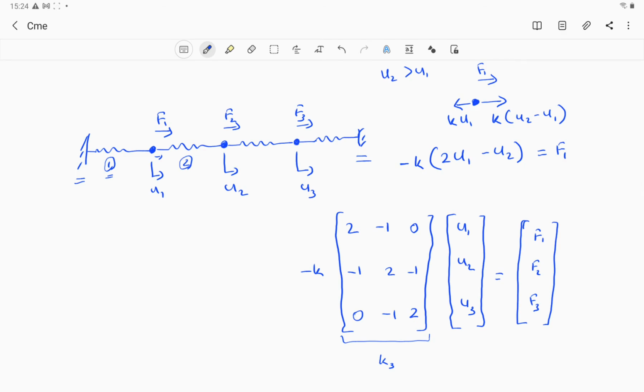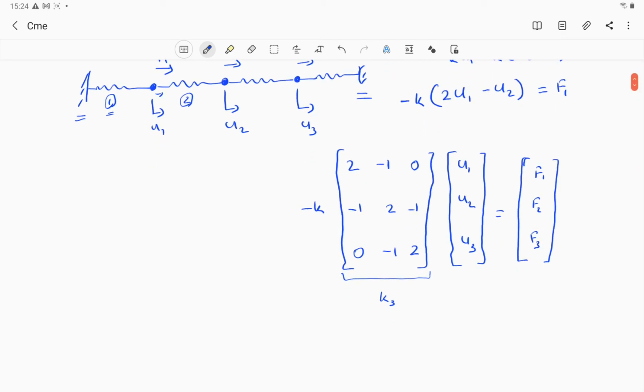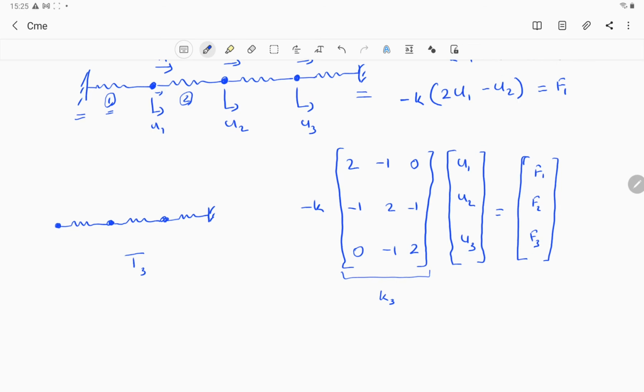If we have a system like free and then fixed, then we will have T3. This 3 represents the number of rows or columns, which depends on the number of nodal points. If we have a spring with a free node here and another spring here, then we will have the B matrix, B3.